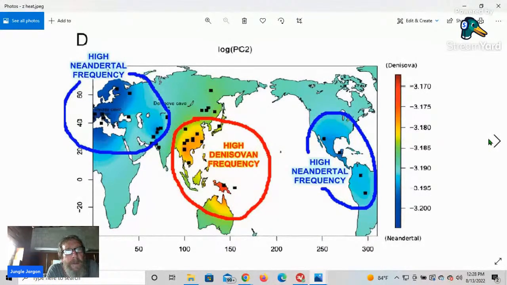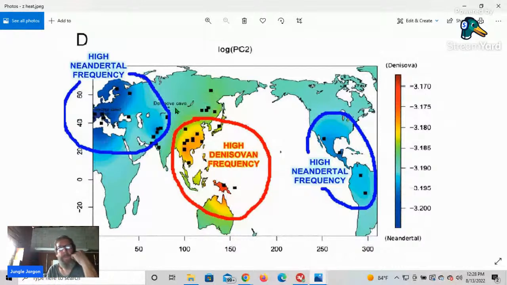Okay, here's one. There's different studies. Sometimes they show different things. Of course, Neanderthal is Japhethite. You don't have to worry about its high Neanderthal frequency. And Europe is high Neanderthal frequency. But of course, Asia is higher in Neanderthal frequency than Europe. So this is a little bit misleading here.